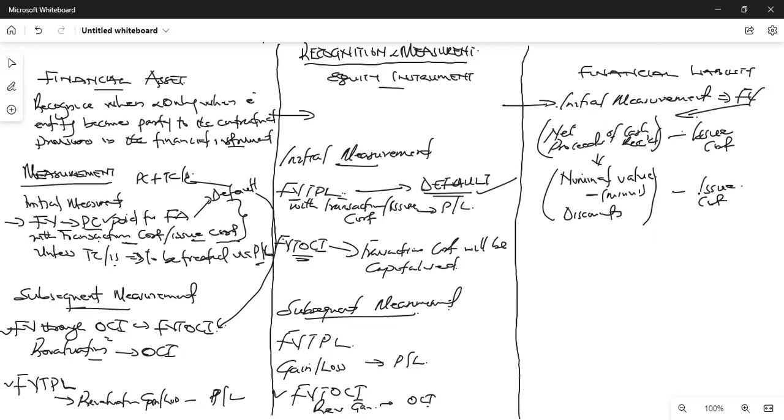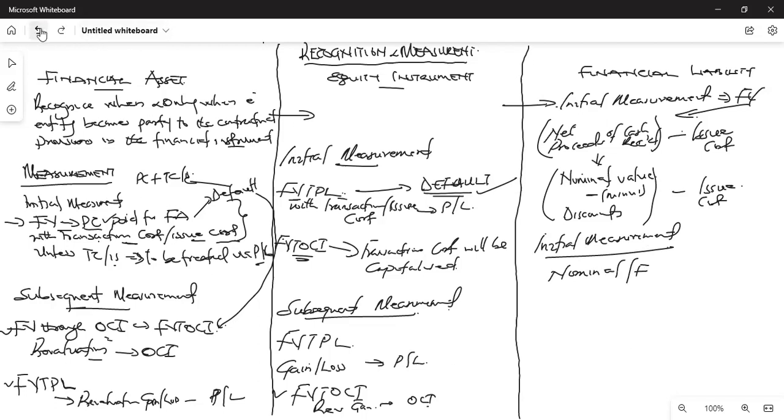So if you look carefully, then it means that our initial measurement of a financial liability looks this way. We have the nominal or face value.